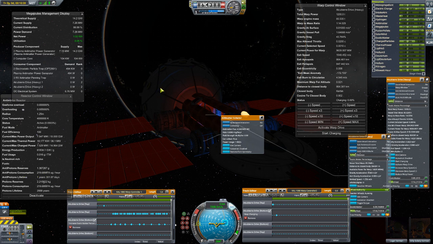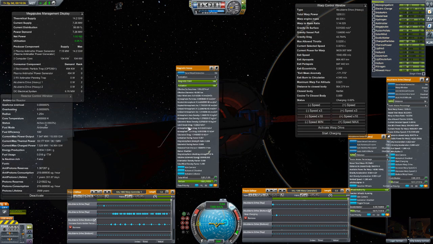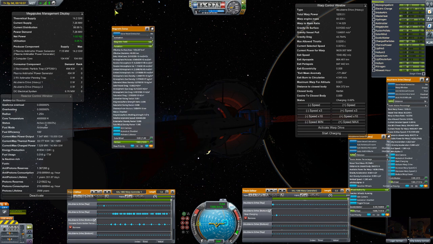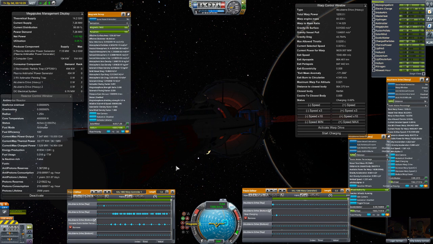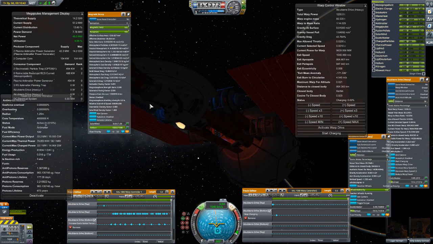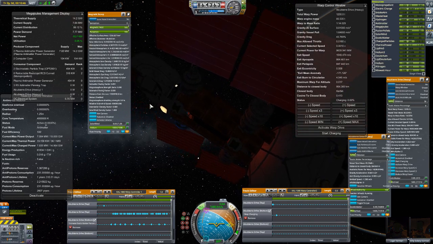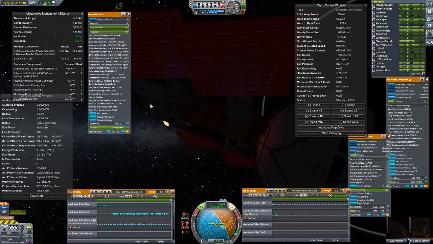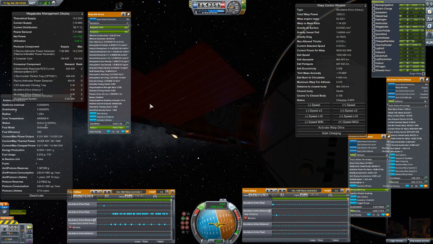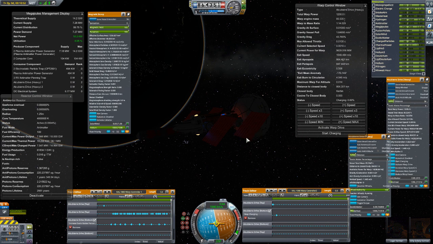And then we are going to activate our magnetic scoop. Face prograde. Apparently prograde for us is in the opposite direction of travel.